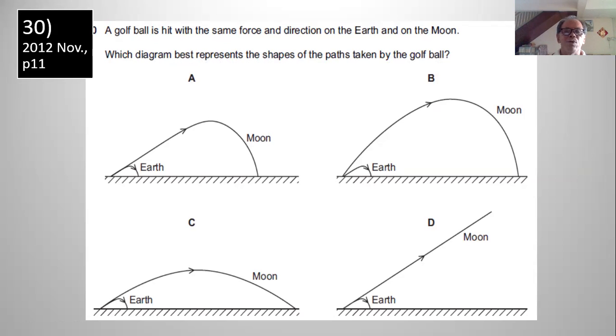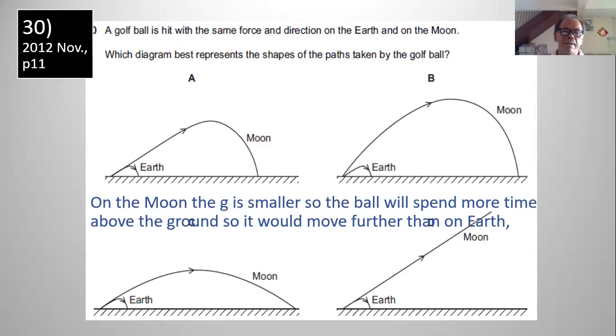Okay, so on the moon, there's no air resistance. At the same time, gravity is smaller. Gravity is smaller, so it can go further, right? Because it can go to a higher height and it can also go further. On the moon, g is smaller, so the ball will spend more time above the ground.